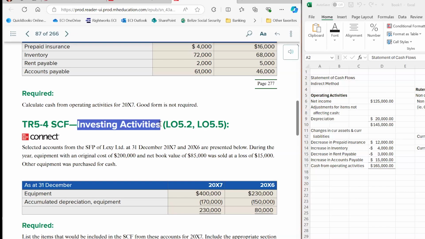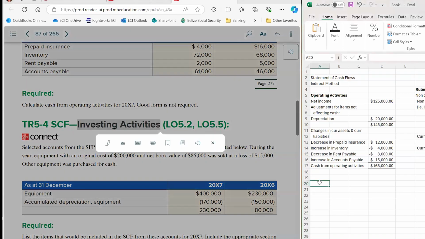And here, you're basically going to figure out how much cash you received from selling equipment or how much cash you paid for buying equipment, and the same thing for investments. So equipment, buildings, stocks, bonds, land, anything like that would go through investing. So this is for your long-term assets.